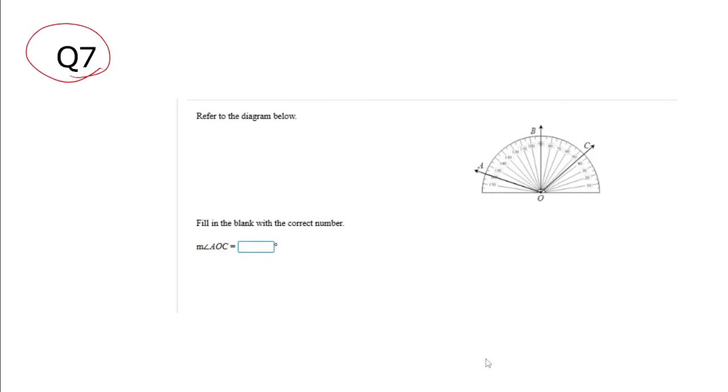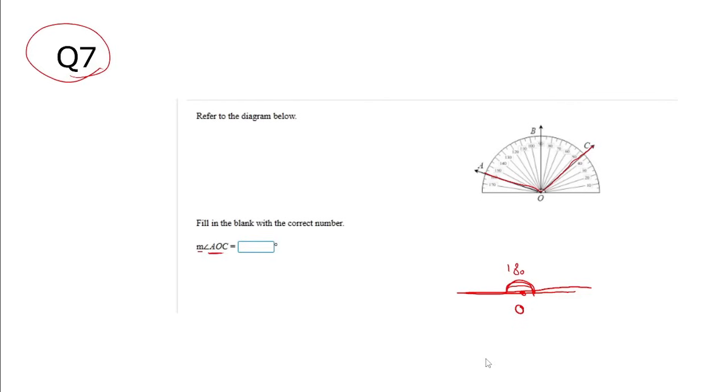Refer to the diagram below. Fill in the blank with the correct number. Measurement of angle AOC. Okay, so we need to calculate this number. Let's do it like this. I have this line, and this is O. This angle is 180, and this is the angle of the protractor, 180.